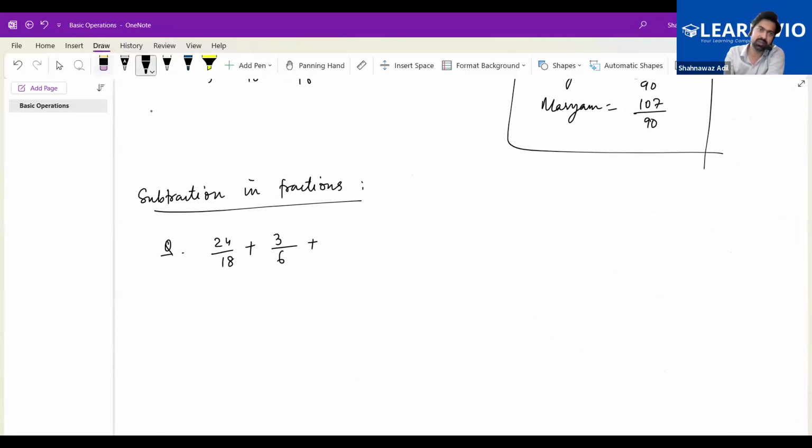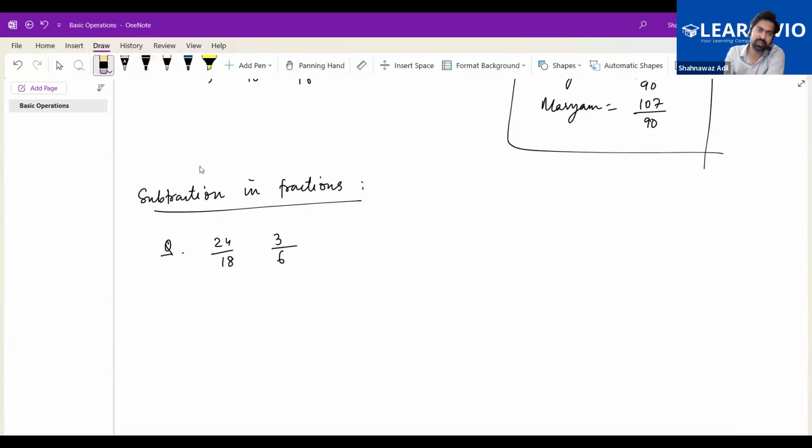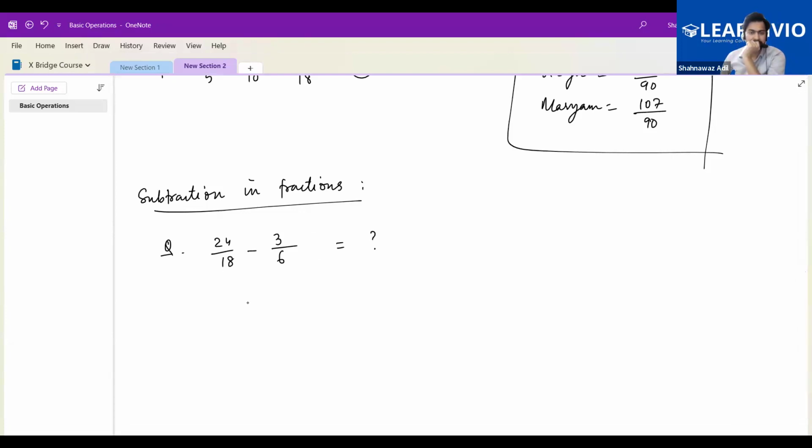Okay, we are talking about subtraction. So let's do a simple question first. Remember, firstly, we have to simplify the fraction and then we solve this. Otherwise, it would be very lengthy. So first, we have to simplify and then solve.